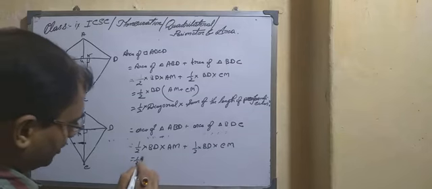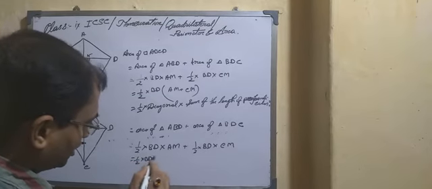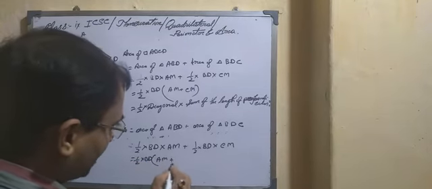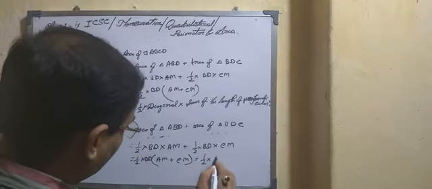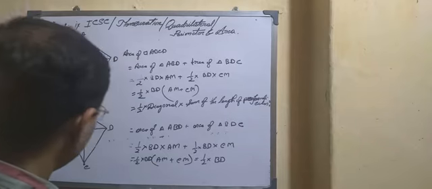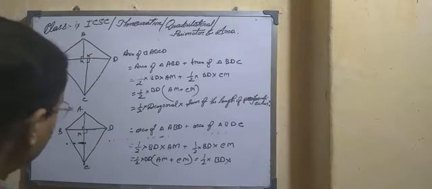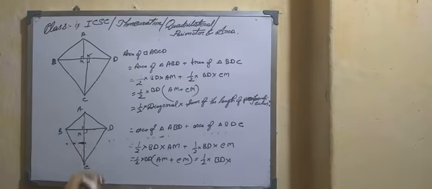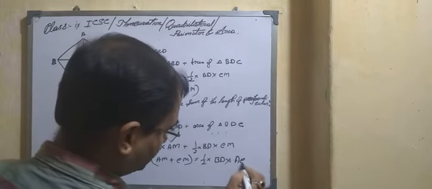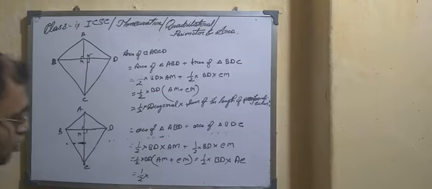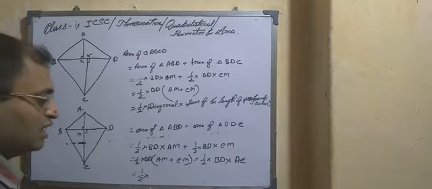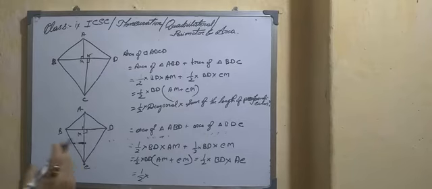We can take half into BD common, and we get AM plus MC, that means AC. So what is the formula? That is half into the product of the two diagonals. This formula is applicable when the diagonals intersect each other perpendicularly.